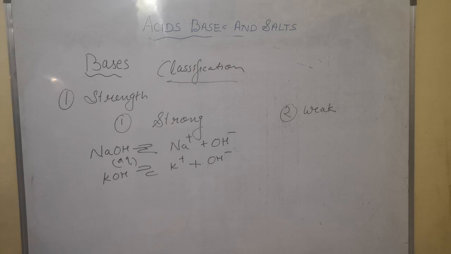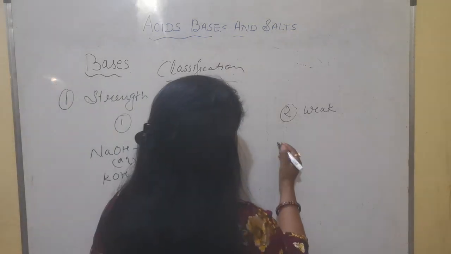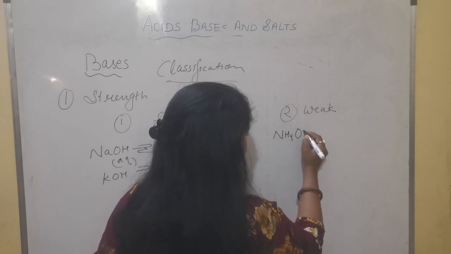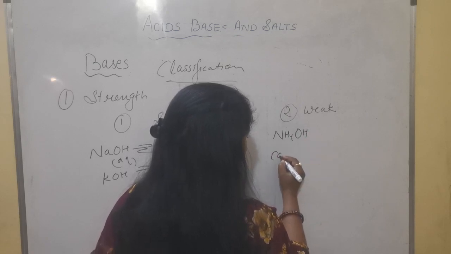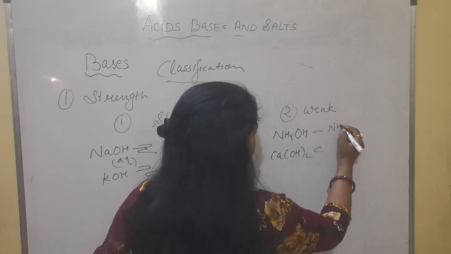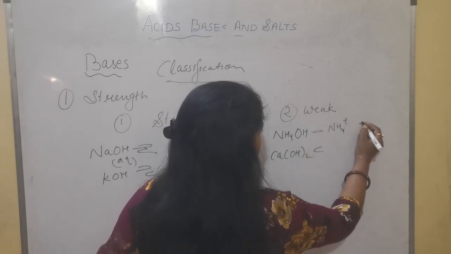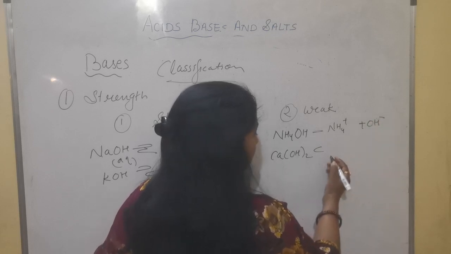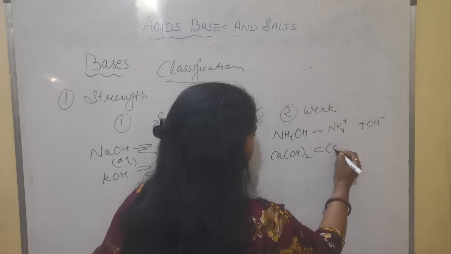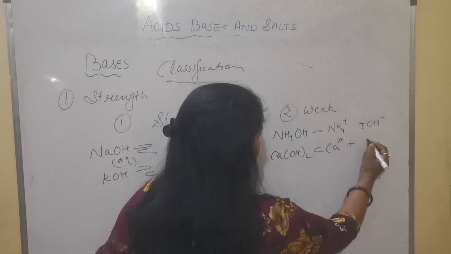A weak base only undergoes partial dissociation. Take an example of a weak base. We discussed just now ammonium hydroxide and calcium hydroxide. The weak bases undergo only partial dissociation, giving a less concentration of hydroxyl ion.